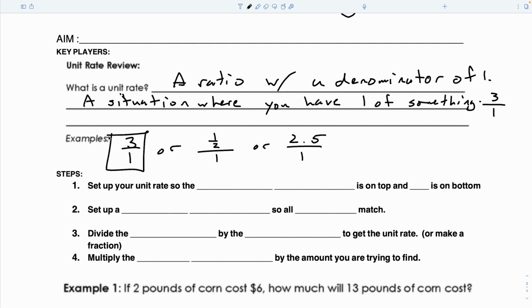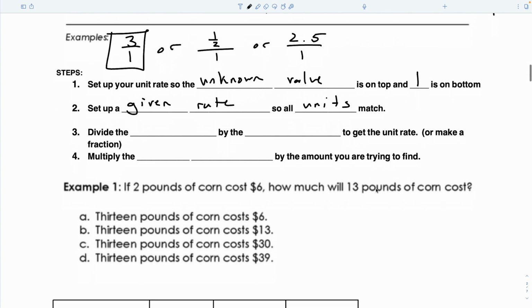Here are our steps. Set up your unit rate so that the unknown value is on the top and 1 is on the bottom. Unit rate always has what number on the bottom? 1. Set up a given rate so all the units match. Whatever that unit was for 1 on the bottom should always be on the bottom.